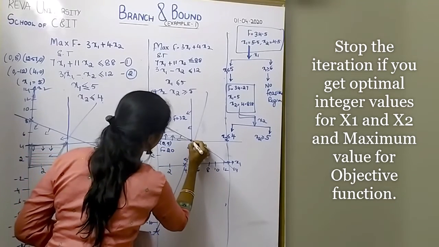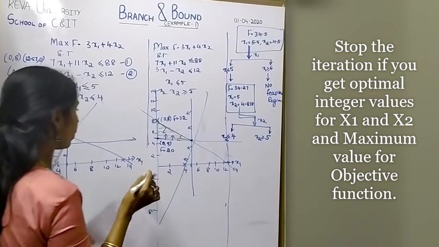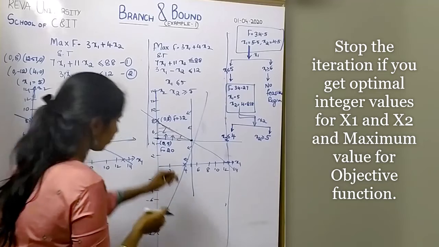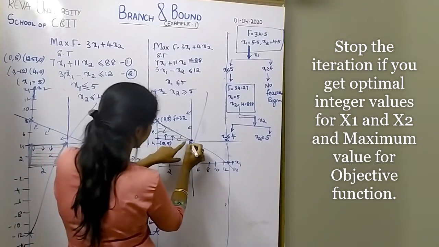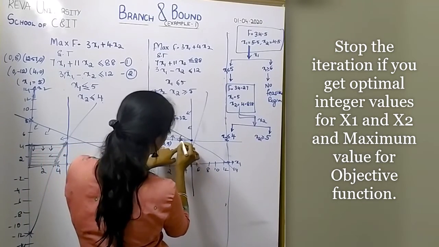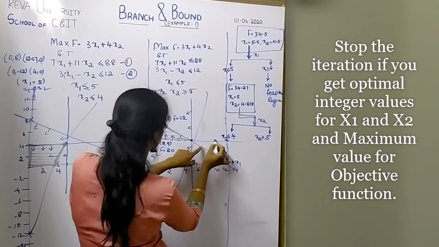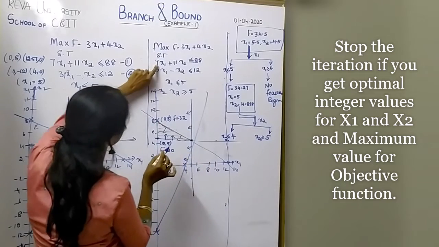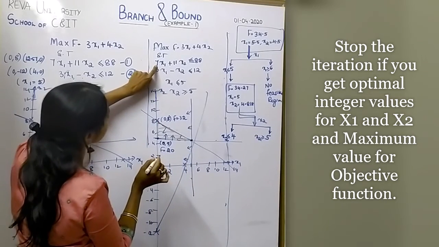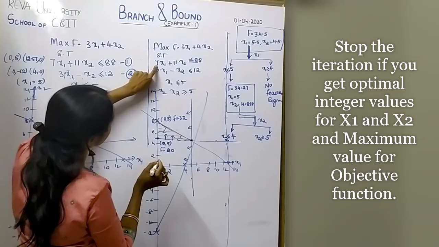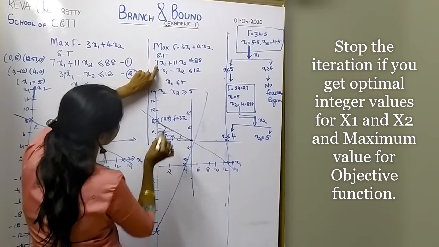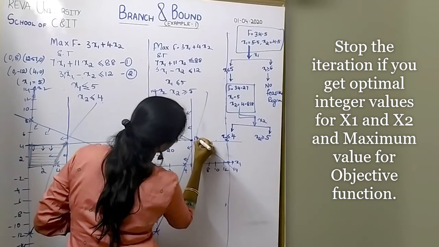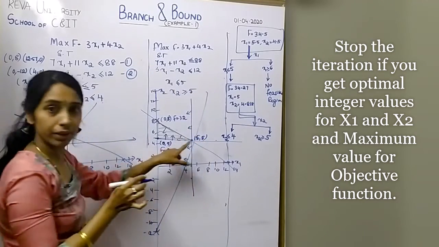And which is your one more point? So how will you get to this point? You get this point from the intersection of these lines. This indicates 7x1 plus 11x2 equal to 88, and both x1 and x2 are 5.